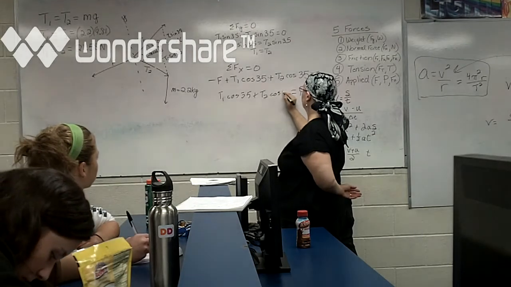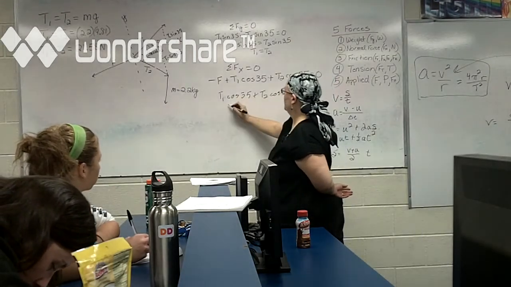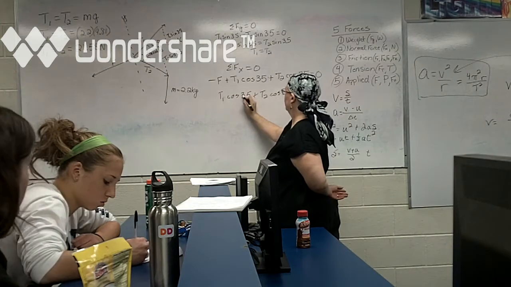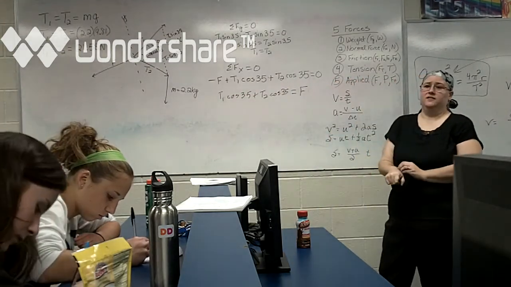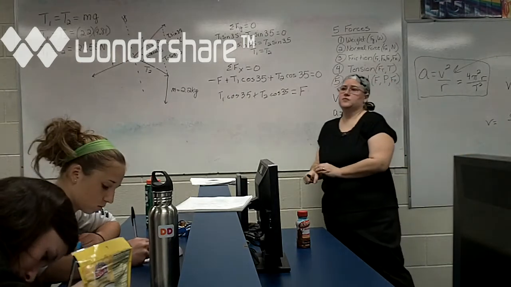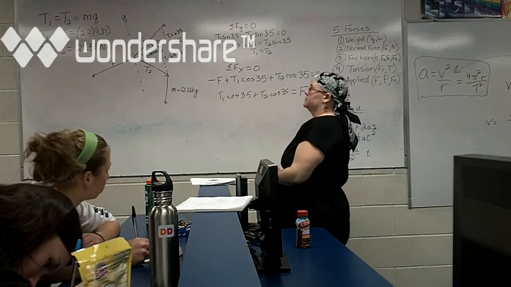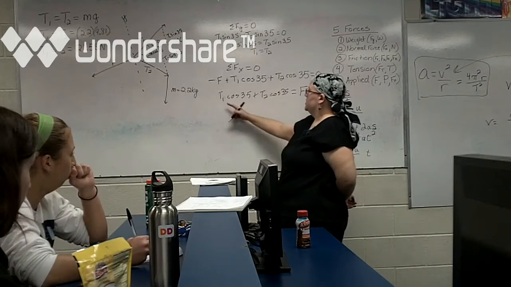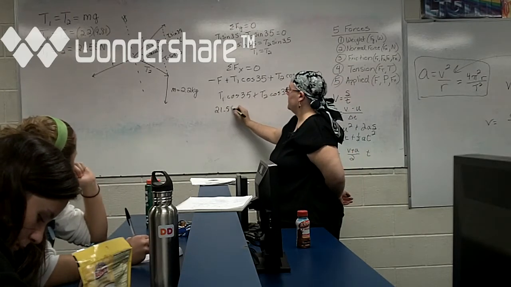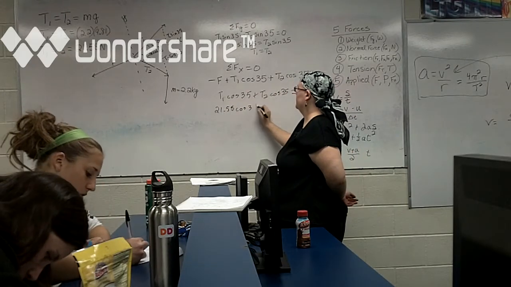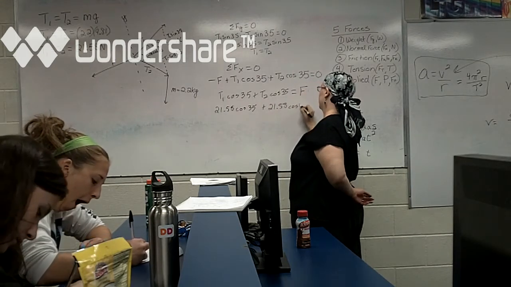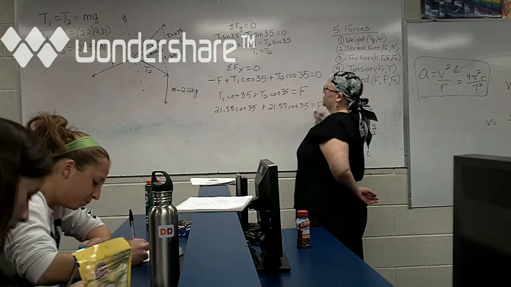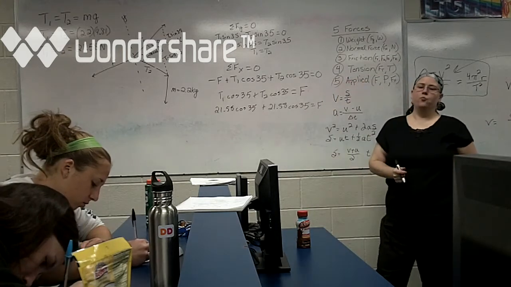The great thing is, we know that T1 and T2 are equal, but we also know the quantity, because it's equal to the weight of the mass that was hanging on there, which was mass times gravity, 21.58. So 21.58 cosine 35 plus 21.58 cosine of 35, or you could have just said 2 times that.